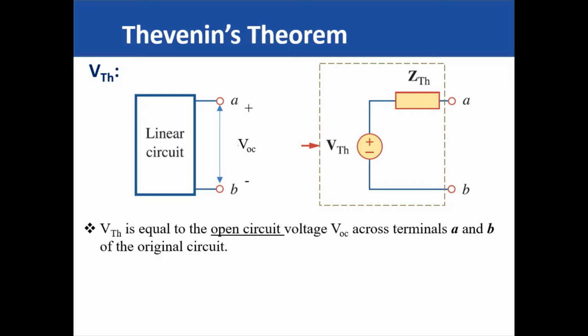Now for VTH, this is the voltage when we measure or compute for the voltage across the open terminals. So let's say we call that the voltage V sub OC. Once we measure it or compute for that, that will be our VTH.